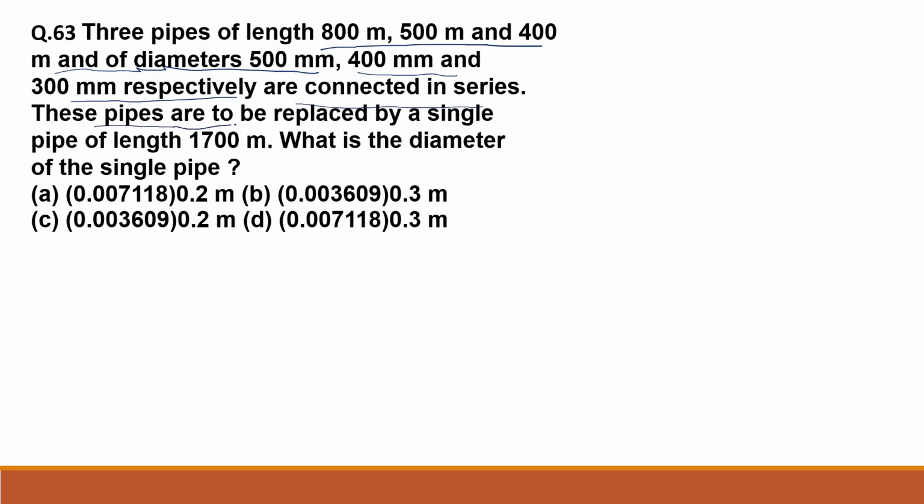These pipes are to be replaced by a single pipe of length 1700 meter. What is the diameter of the single pipe? We have to find out the diameter of the single pipe. Firstly, I will draw the diagram of the pipes in series.